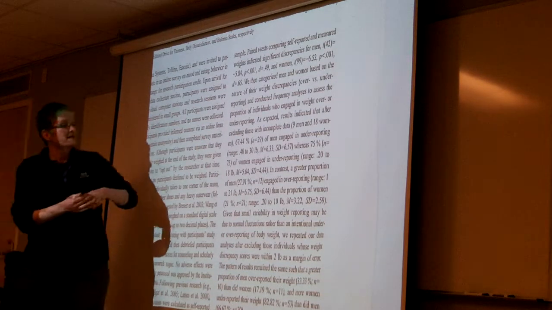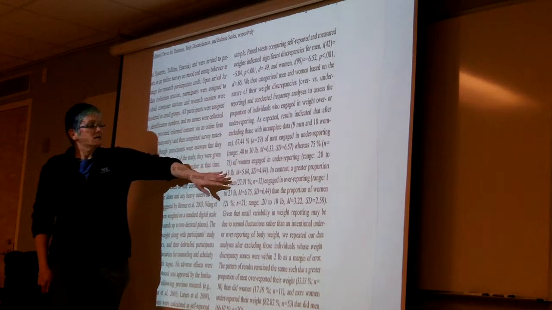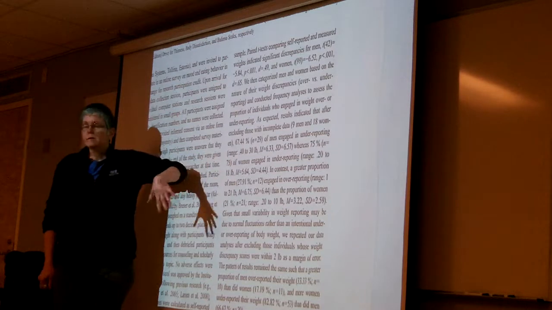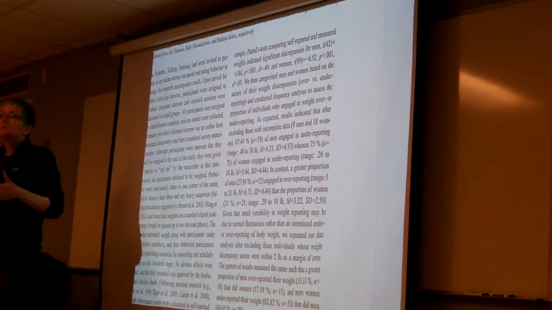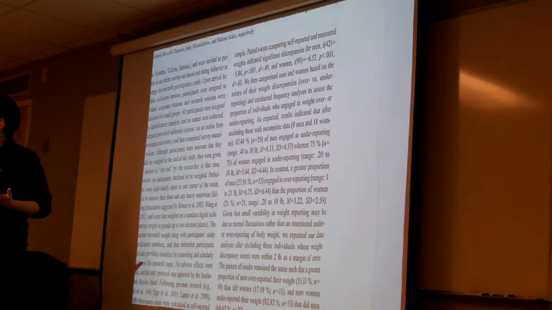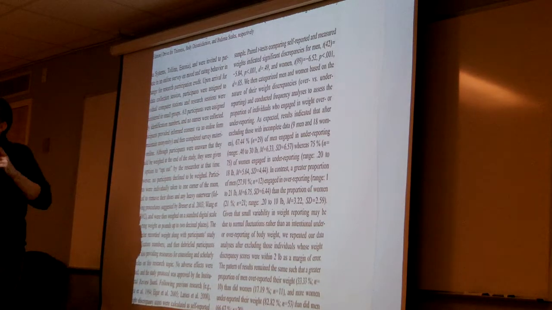So they said, well, let's adjust the scores so that we account for people who are within 2 pounds of their actual weight. We're going to throw their data out too, because they're probably genuinely trying to be accurate. There's some measurement error, but it's within the margin of error, so we're going to treat it like they're being accurate.